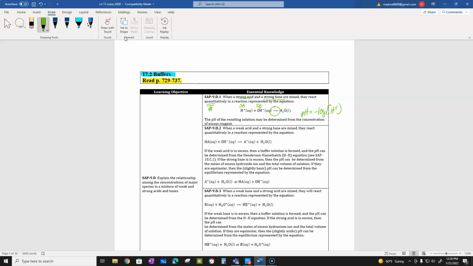When a weak acid and a strong base are mixed, they react quantitatively in a reaction produced by the following. Now remember right here, if this is my weak acid, I can't touch this. So you're going to get a ton of review from chapter 4, net ionic.